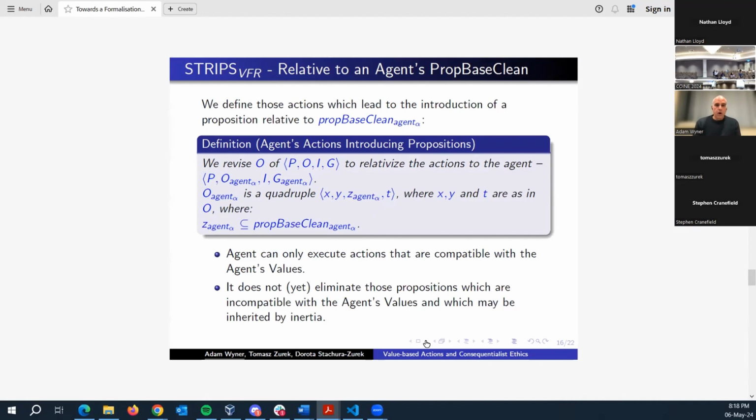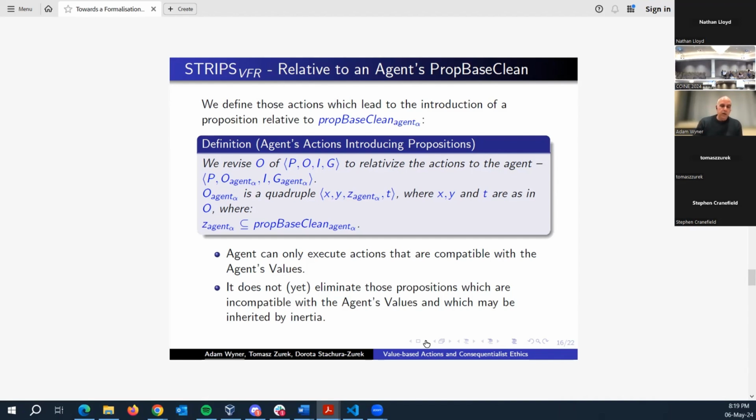And the other component that we have is we want actions to introduce propositions relative to an agent's prop-based clean. So we have in the definition there what actions are, and we've already said something about what the goal is. So we have goal relative to an agent. We also want to make the actions relative to an agent.